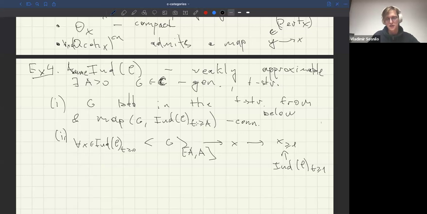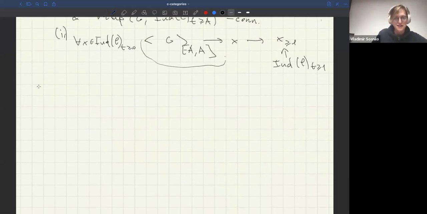So the first one tells you that the object is bounded in the weight structure. This is why there is a difference between these two subconditions. And the second condition tells you that you can approximate any object in the positive part by objects from this subcategory. In particular, all of the transition maps in such a presentation are going to factor for connective objects, because all of these objects are connective already.